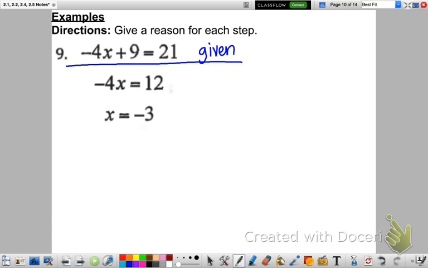Now, the next part. I need to know, how did we go from negative 4x plus 9 equals 21 to negative 4x equals 12? You should see that they subtracted 9 from both sides of the equal sign. So the reason would be subtraction.